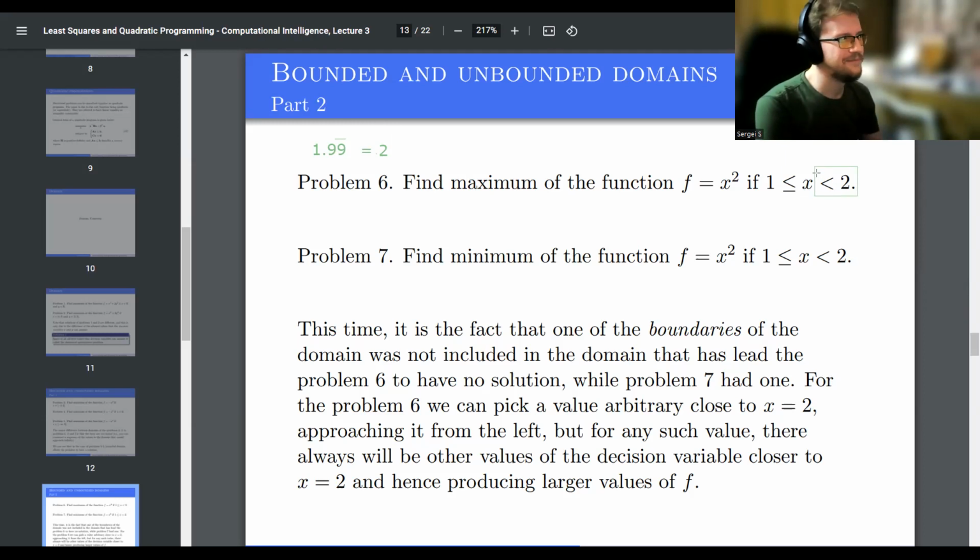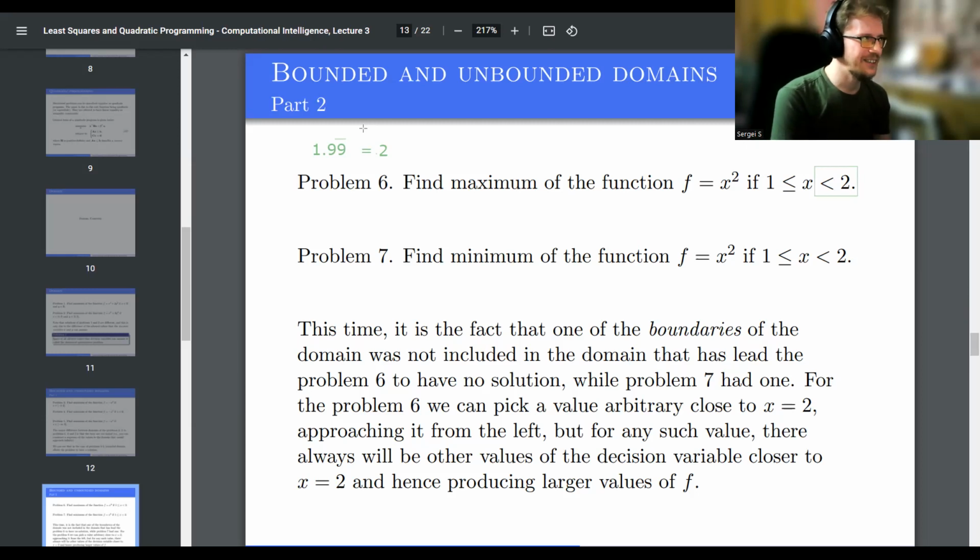So x equal to 2 is not in the domain. You cannot tell me that 1.9999 is a solution. You understand it?